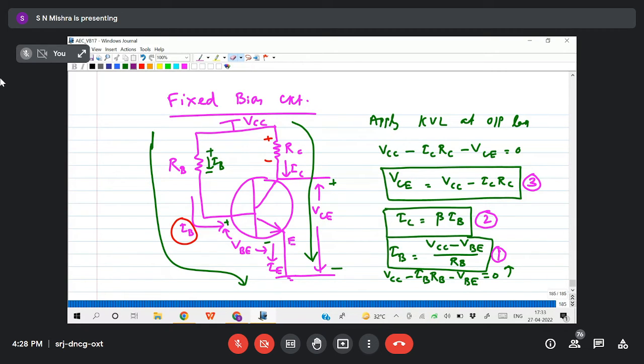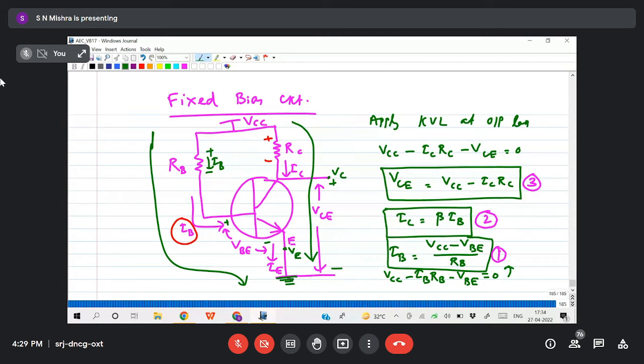Then what parameter will we find? This voltage is your collector voltage, and this voltage is your emitter voltage. What is VE? Can anybody tell me what the potential at the emitter terminal is? This emitter terminal is grounded.